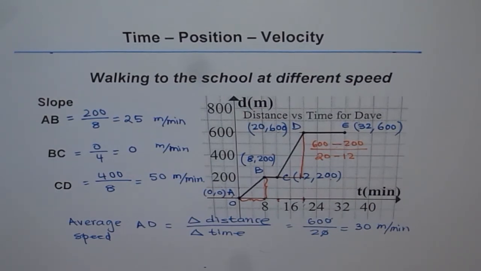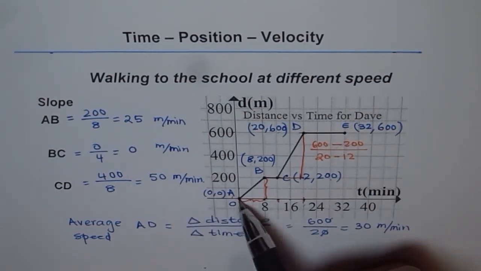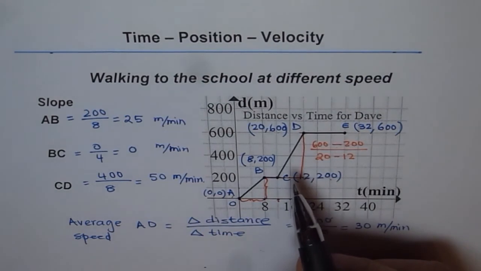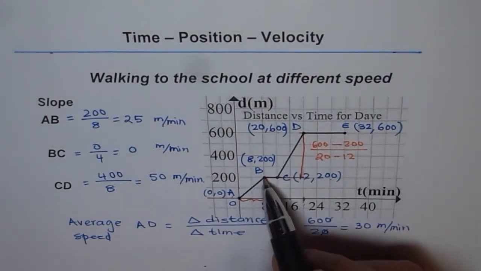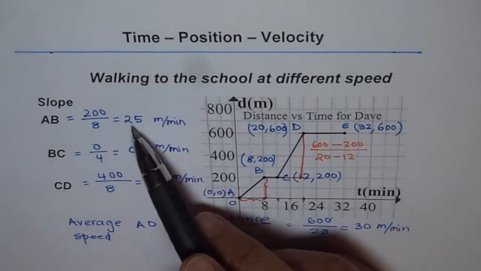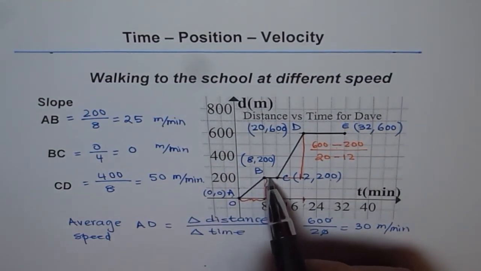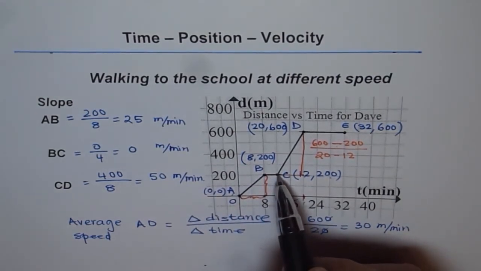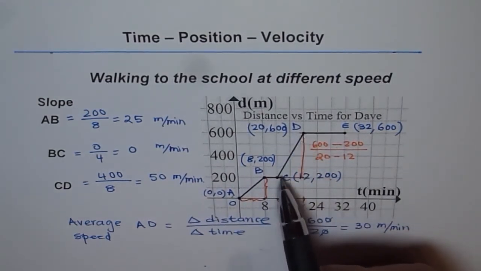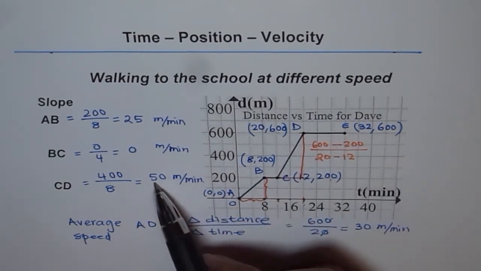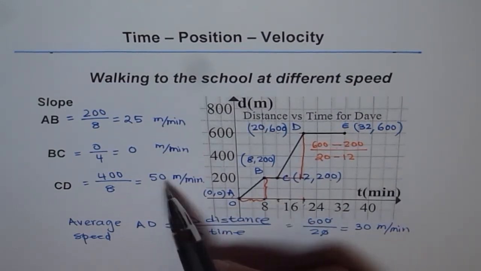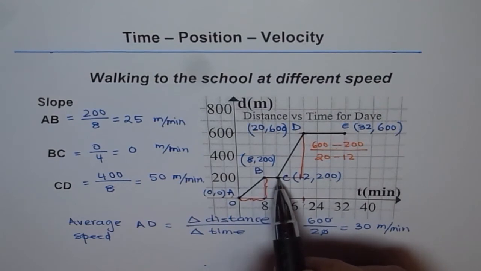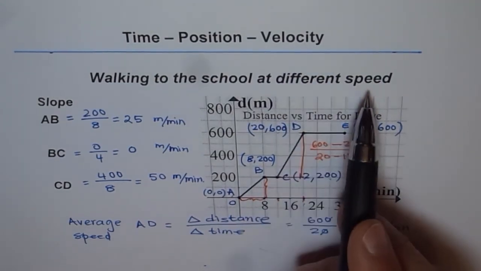Another thing which you notice here is that the slopes of these lines are different. Here we have a line with a slope of 25, and then we have a horizontal line with a slope of 0, and then we have a much steeper line with a slope of 50. So if the line is horizontal, then we can correlate it to velocity or speed.